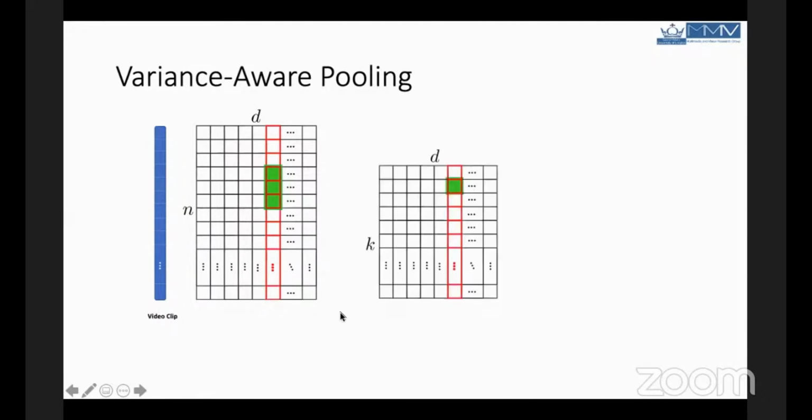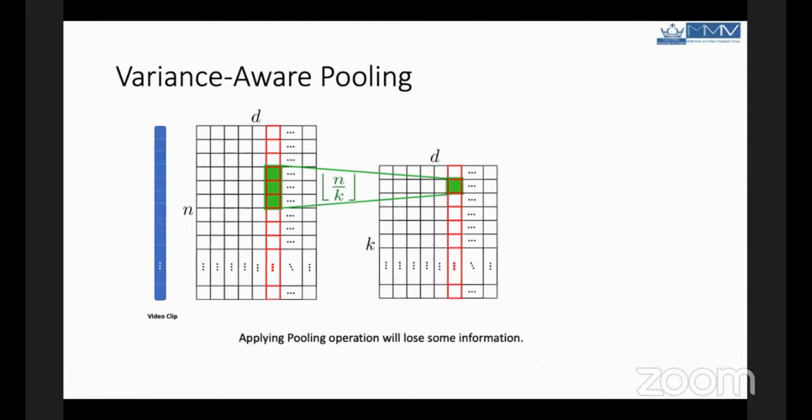What we would like to do is compress this feature to a smaller one with size k by d, where n is much bigger than k. So we just divide the n units into k parts. Each part has n divided by k units, where we take the mean to be the final feature. So it's the pooling operation.